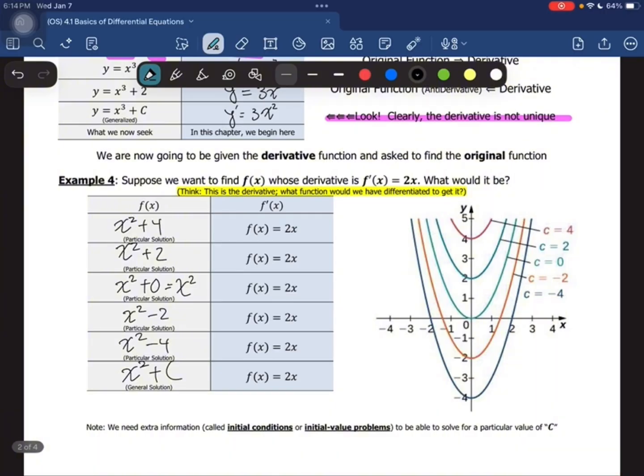We can have all of these different particular solutions to the differential equation, but we have the same derivative. So think, this is the derivative. What function would we have differentiated to get it? That'll be x squared plus c, because we don't know what this C guy is. It could be anything, any number.